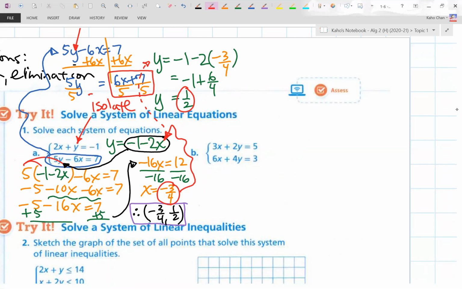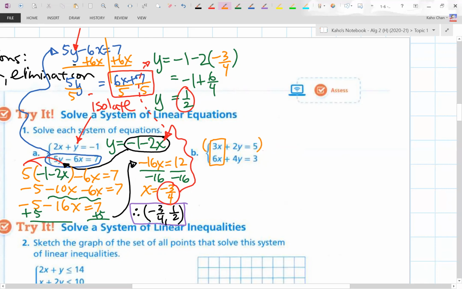Sometimes you might have to manipulate a row with a multiple and add it or subtract it to another row. It doesn't really matter which column you choose, x's or y's. Pick the one that's the easiest. For example, if we were just to focus on the x's here, they can go away if you can make them a zero pair. 3 and 6 do go into each other. I can make the 3 into a 6 and make it negative, so that will create a zero pair. So that is my strategy.